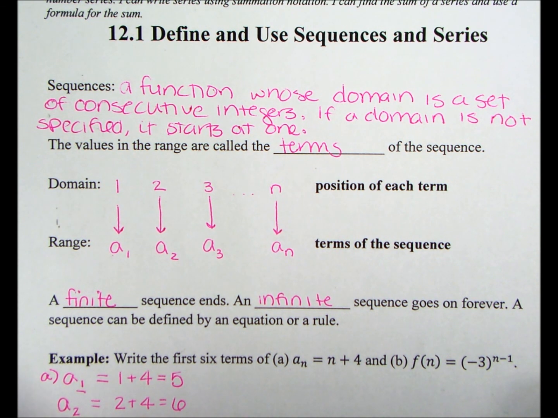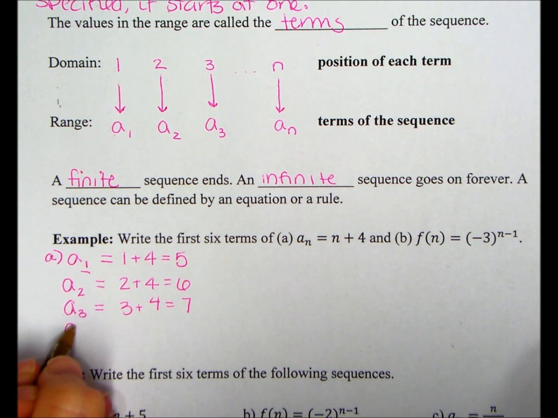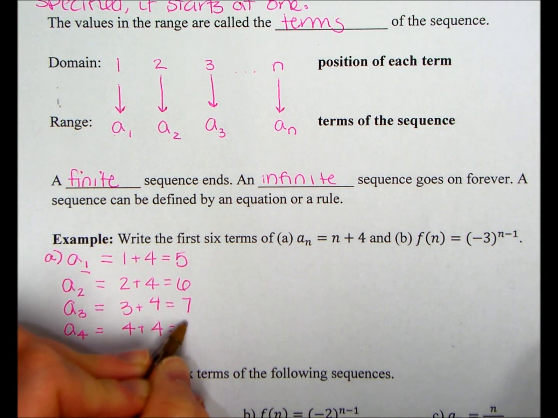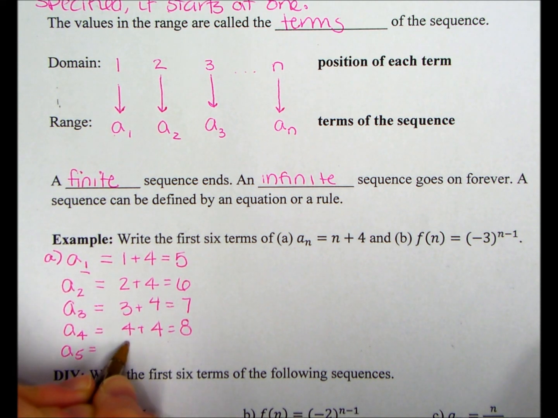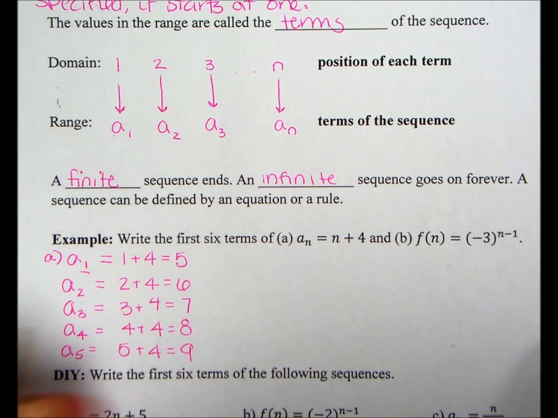Third term I get is 7. My fourth term is 8. My fifth term is 9.